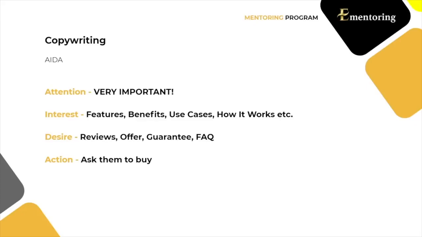So if you take the Pilates bar example still, you could say something like, if you want to get a good workout burn from the comfort of your home, then get the sturdiest at-home Pilates bar that not only allows you to get started in seconds, but also works out your entire body.